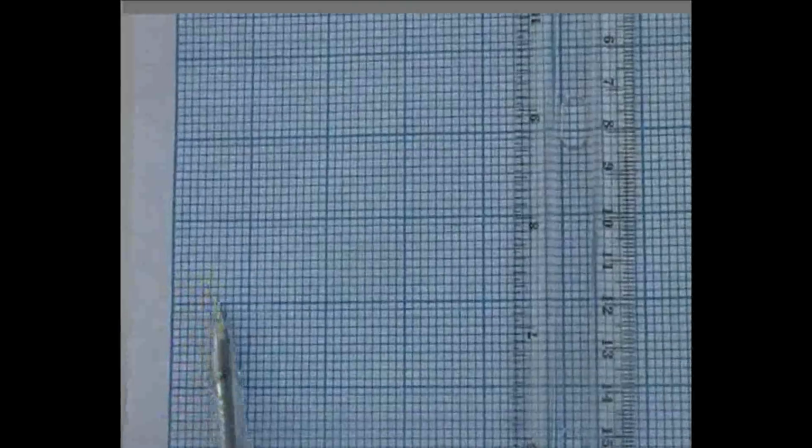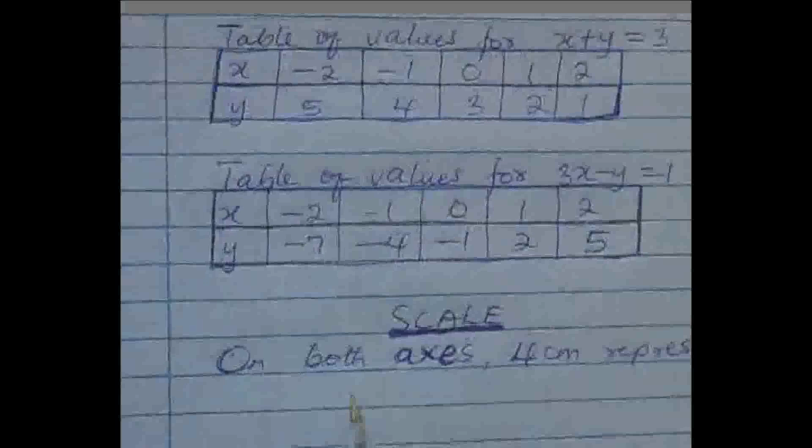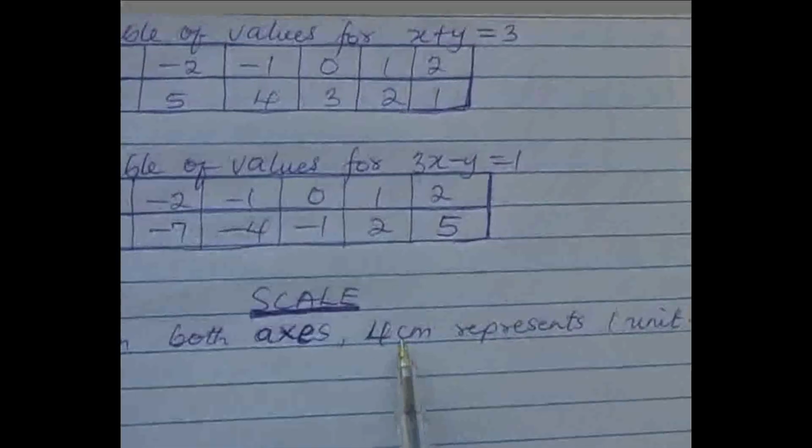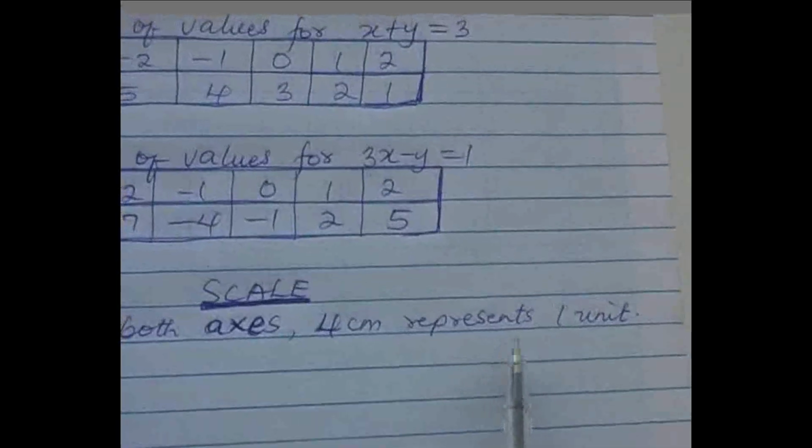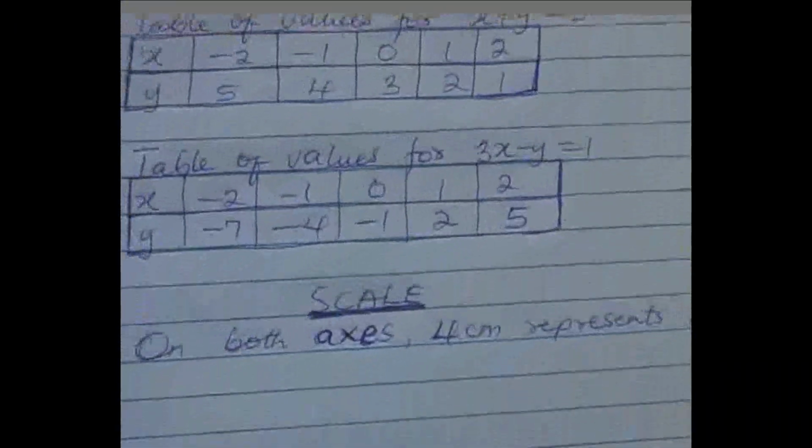On both the vertical axis, which is the y-axis, and the horizontal axis, which is the x-axis, 4 cm represents 1 unit.